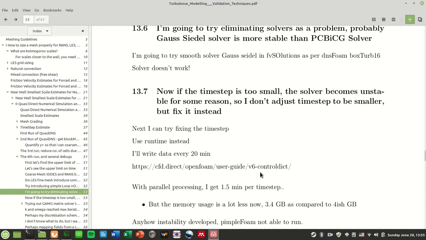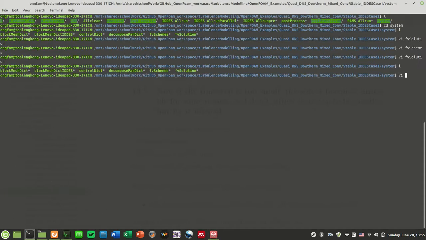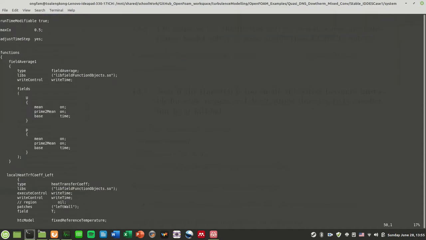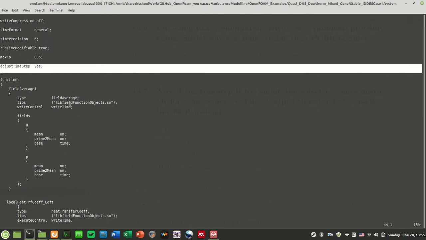So I tried to fix the time step rather than let it adjust. If you take a look at controlDict, when you run an adjustable time step in OpenFOAM and your Courant number increases beyond 0.5, OpenFOAM will try to reduce the time step.